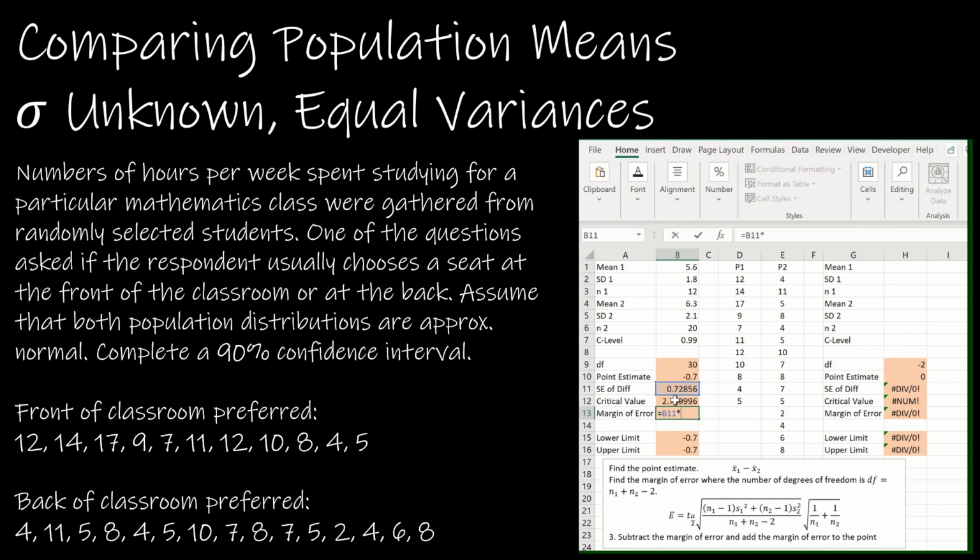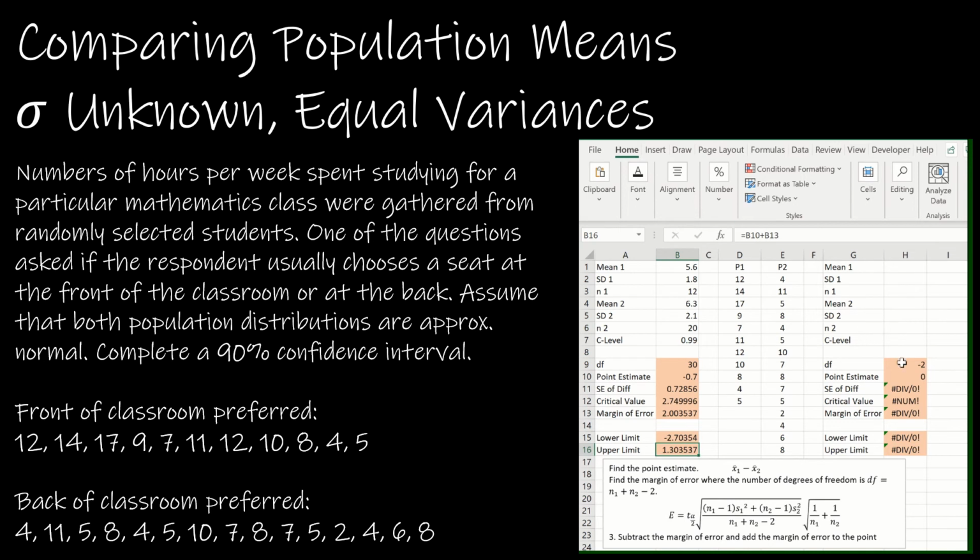And if you'll recall previously, we had a margin of error of 2.0035, so this matches it exactly. And if you'll notice, negative 2.7 to positive 1.3 is the same interval we had found previously. So again, we've now used Excel to verify our results.